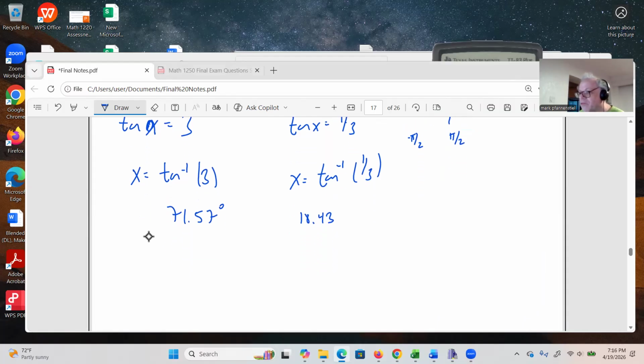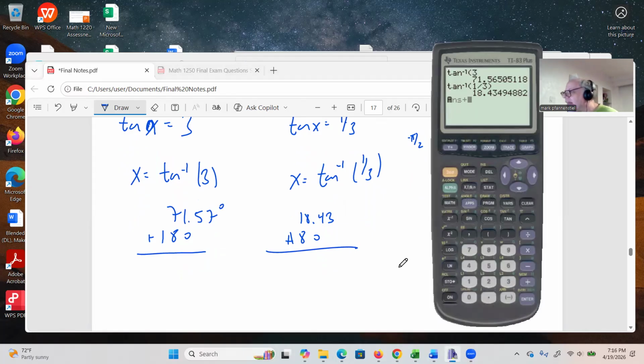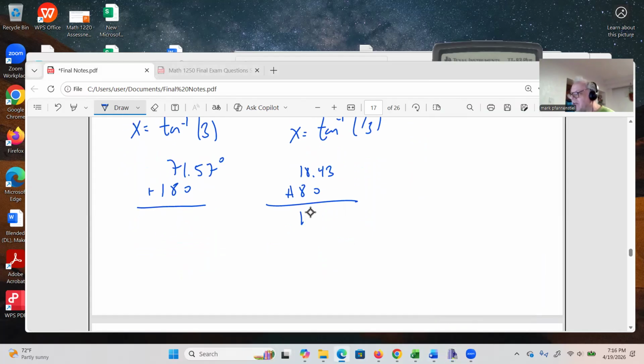We also have to get our third quadrant angles. So we're going to add 180 degrees to both of these answers. We can add 180 to 18.43, so we end up with 198.43 degrees.